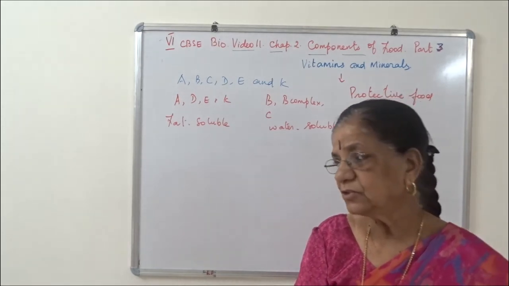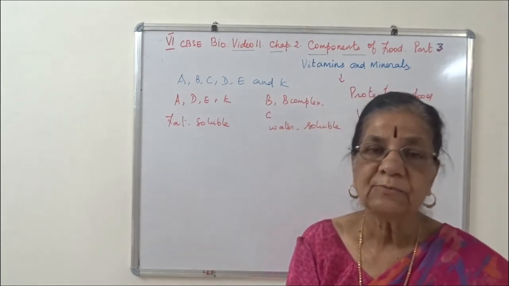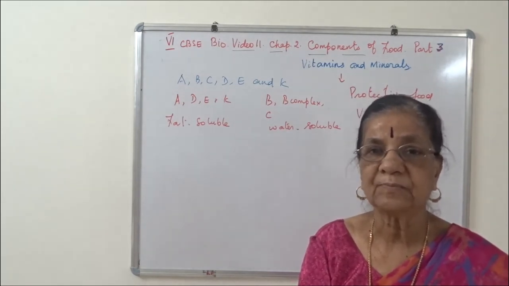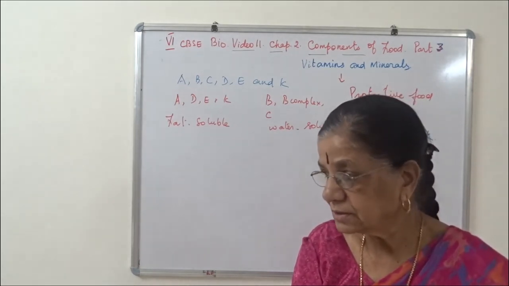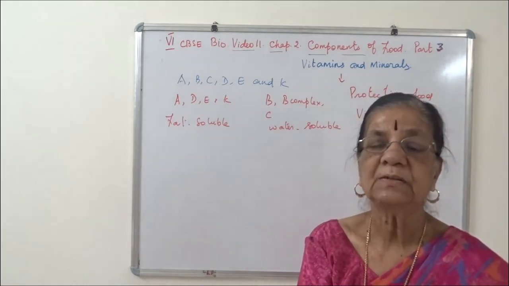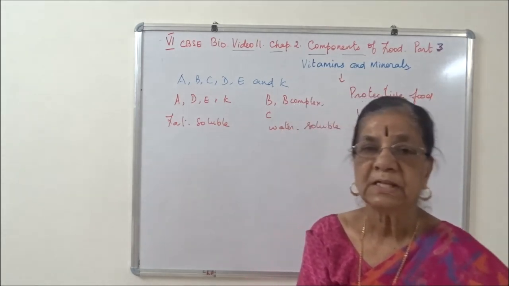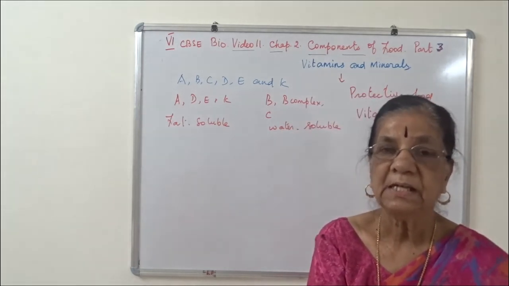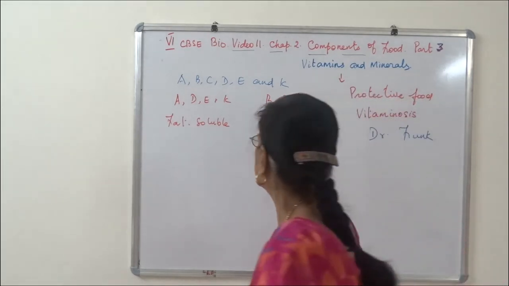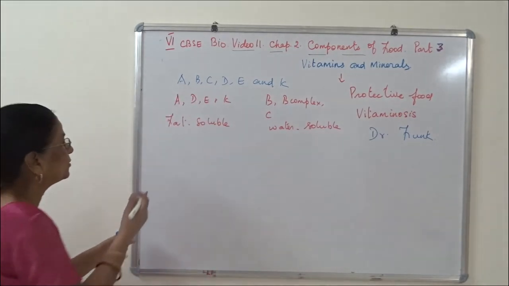So fat soluble vitamins are soluble in fatty substances in the food that we are taking in. So the major types are fat soluble vitamins and water soluble vitamins. Fat soluble vitamins are A, D, E and K, whereas water soluble vitamins are vitamin B complex.